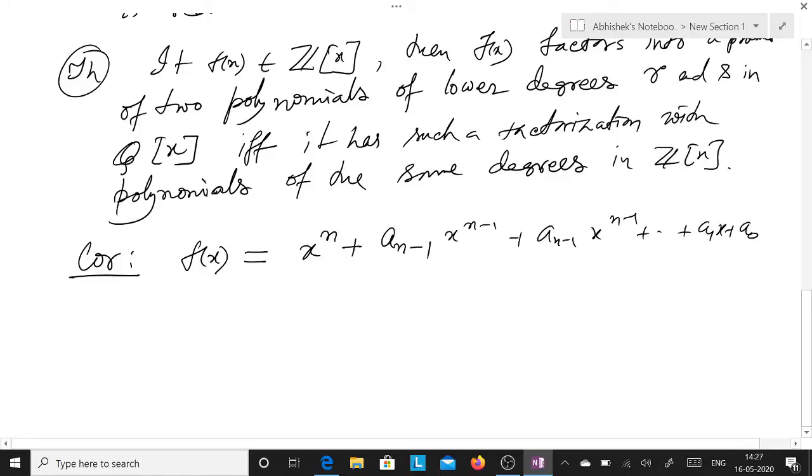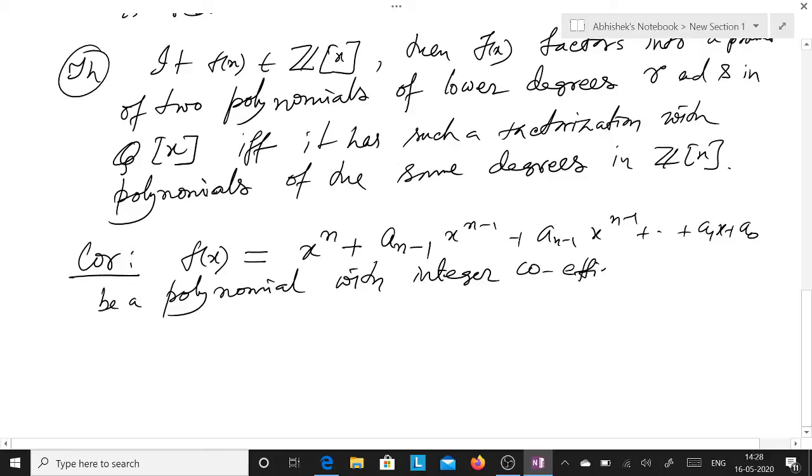So this is a polynomial with integer coefficients. And let us suppose that the constant coefficient is non-zero.